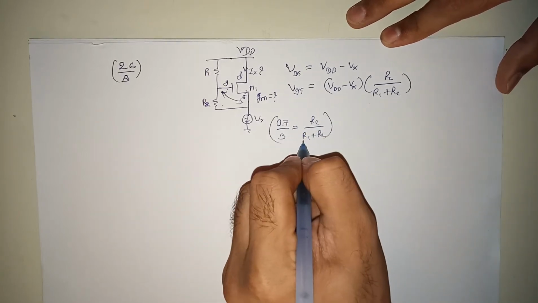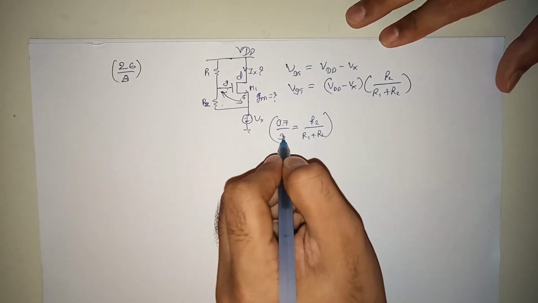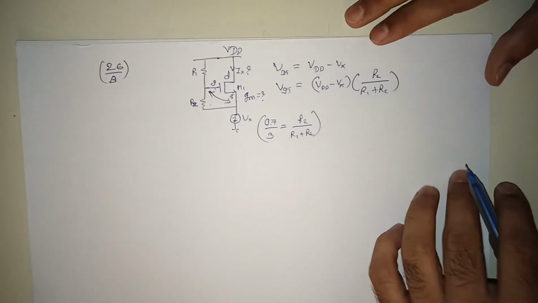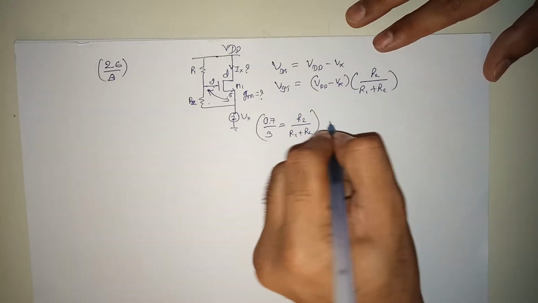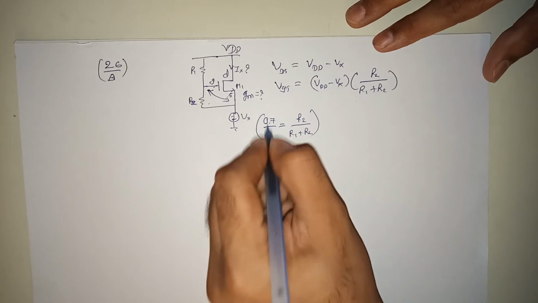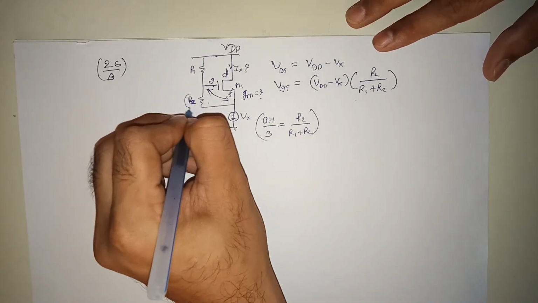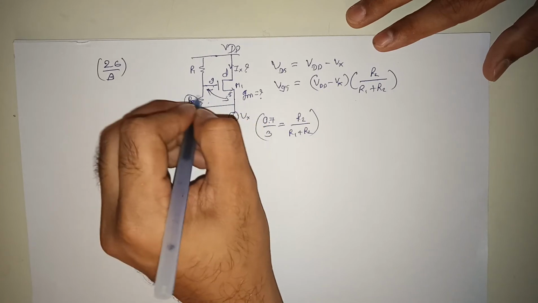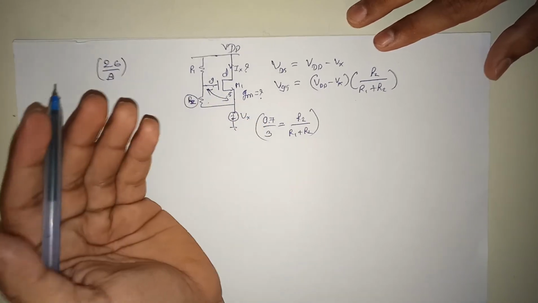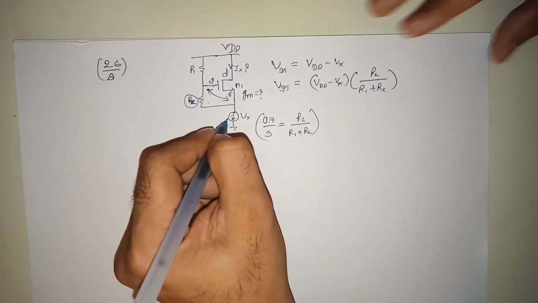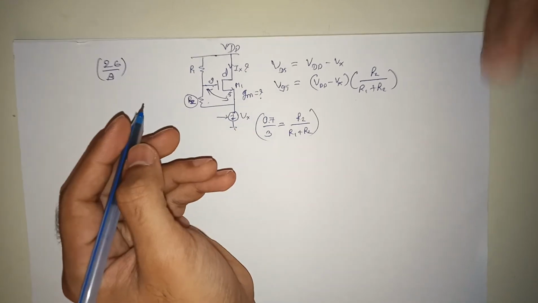If R2 upon R1 plus R2 is less than 0.7 by 3, you will not be able to get current. So we are assuming that the ratio is higher than this. Basically the value of R2 should be somewhat higher, such that it can drop some voltage greater than VTH at some value of Vx, not for all.